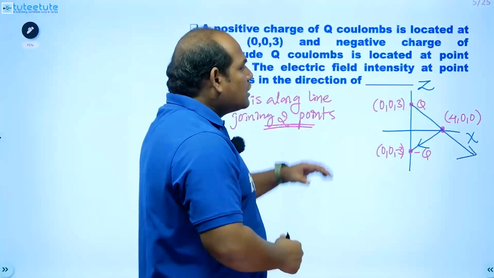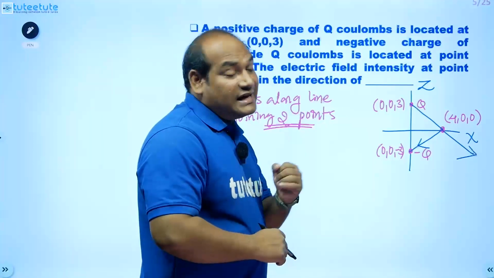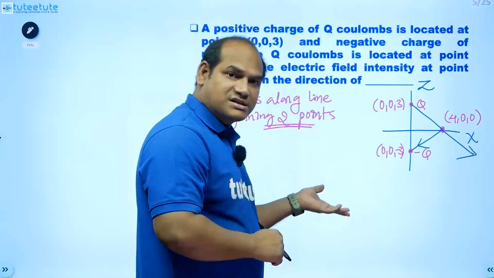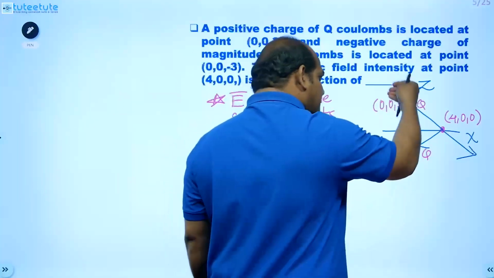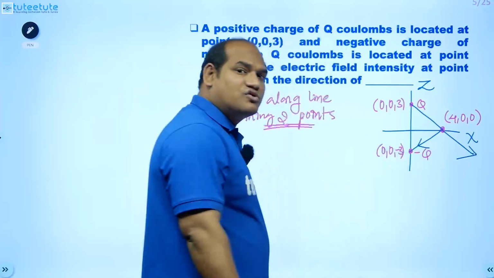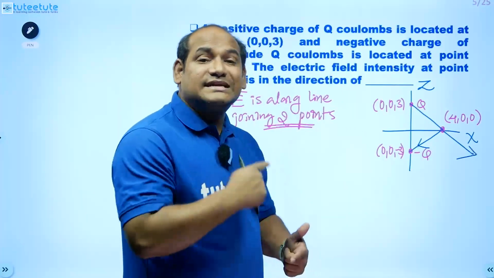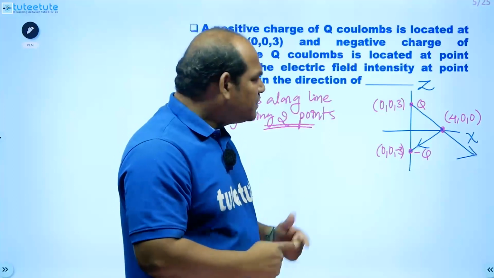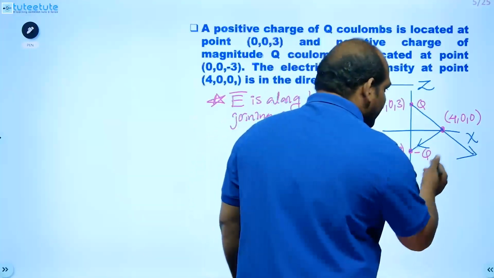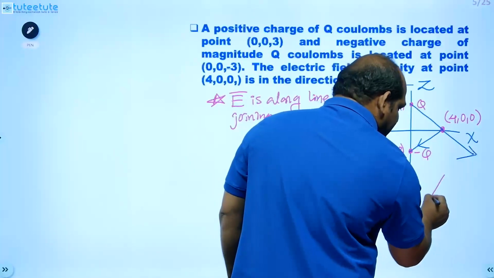Now we have to apply the superposition principle. In the system we don't have a single charge, we have two charges. So because of plus Q and minus Q, the electric field is available at the observation point (4, 0, 0). The resultant electric field direction is the vector addition of these two directions. Here I am drawing the resultant like this.